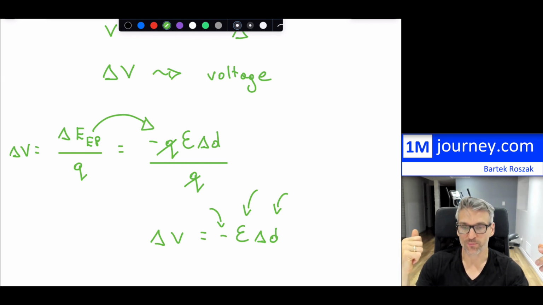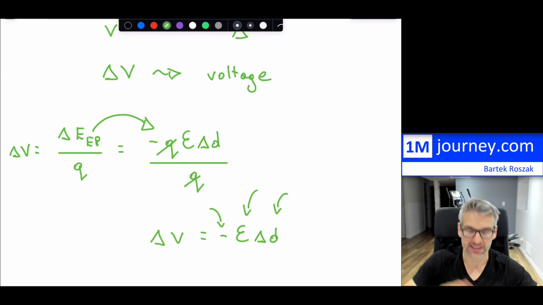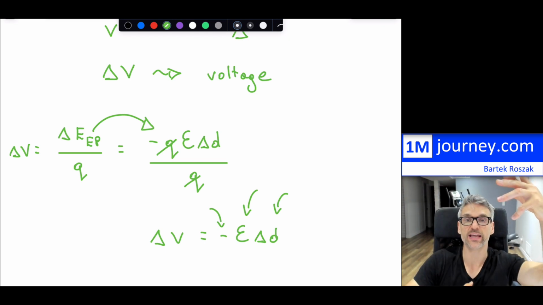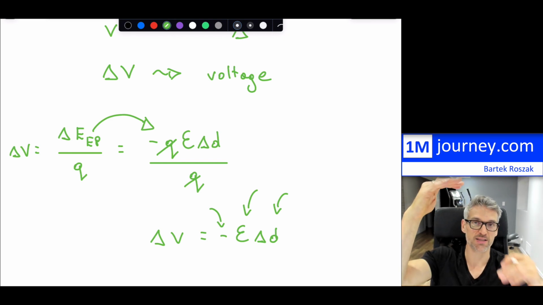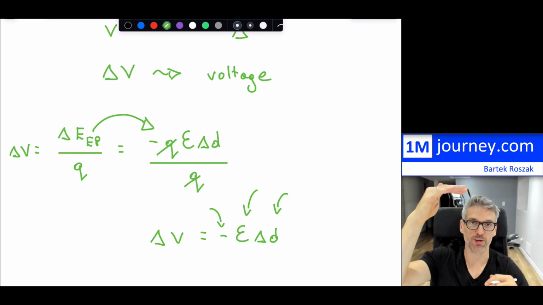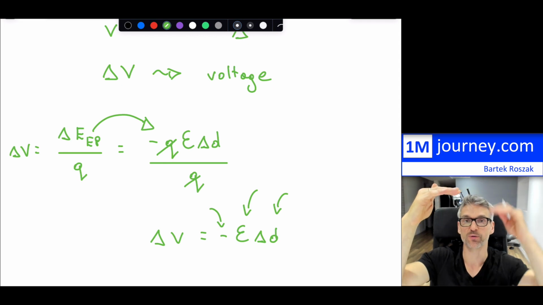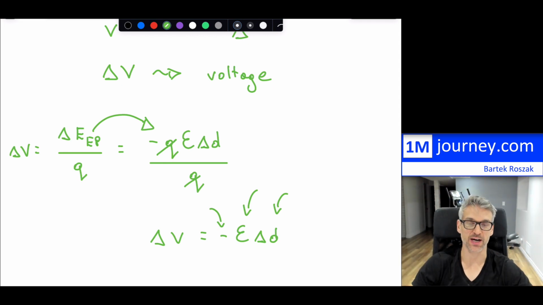If you know in which direction the electric field points, from positive to negative as a definition, then you know what that direction is. In terms of a voltage, going from positive to negative will be on the positive side, and if you go from negative to positive, it will be on the negative side.